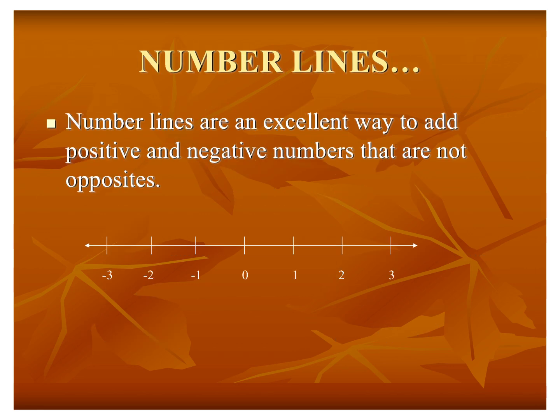Now we saw how useful number lines were when we wanted to graph and compare integers, but they're also equally important when we want to add positive and negative numbers that are not opposites, right? So a positive number and a negative number.